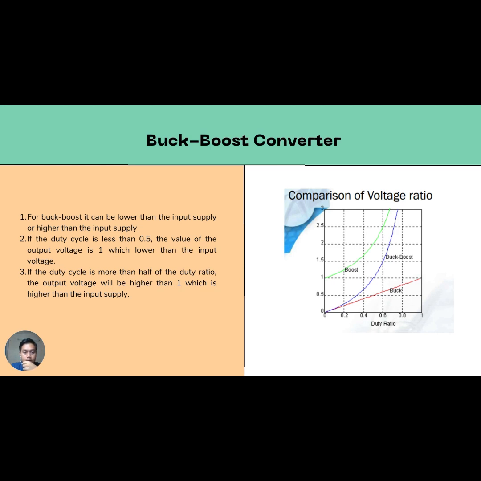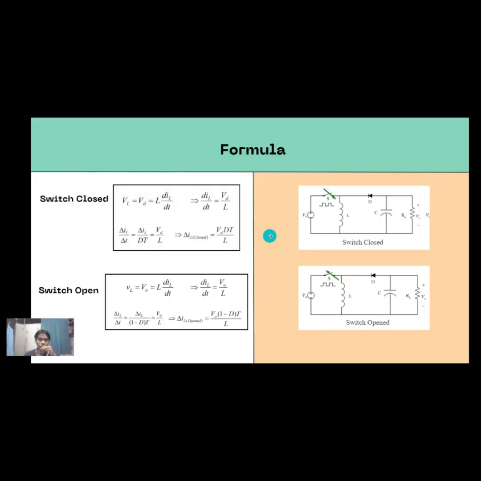And if the duty ratio is more than half, 0.6, 0.8, or 1, then the output voltage will be higher than the input supply. That's all for me. I will continue with the formula part.